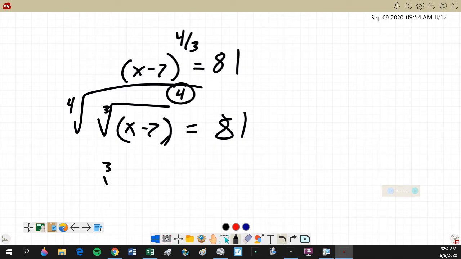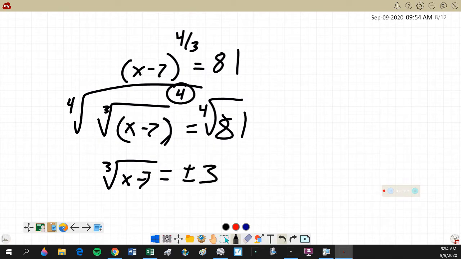So we get the 3rd root of x minus 7 equals plus or minus 3. So the 4th root cancels the 4th power. And 81 is made up of 3 4s, or 4 3s.